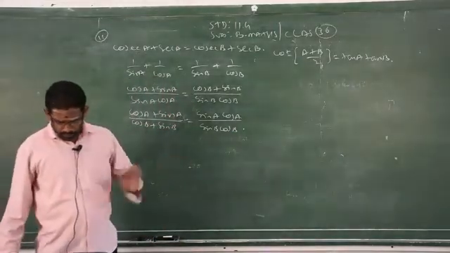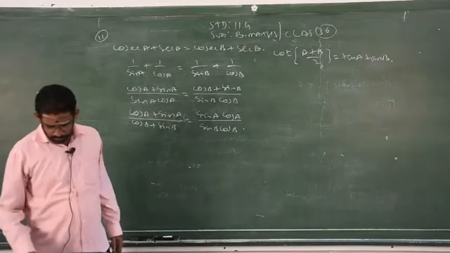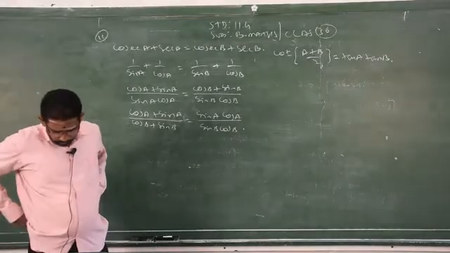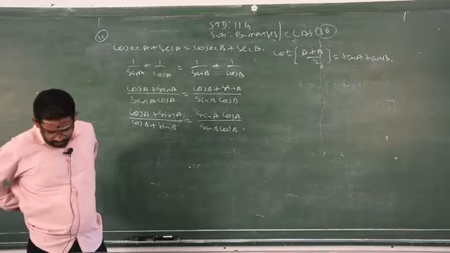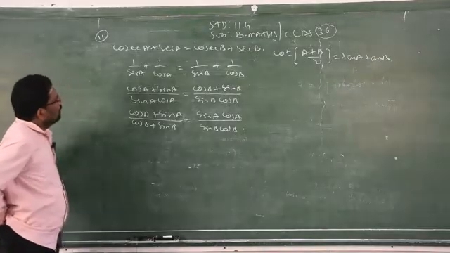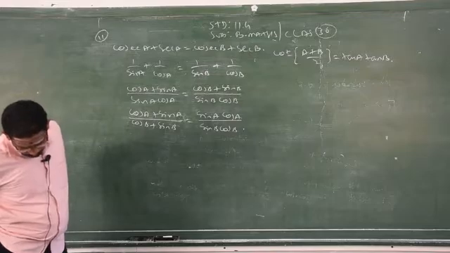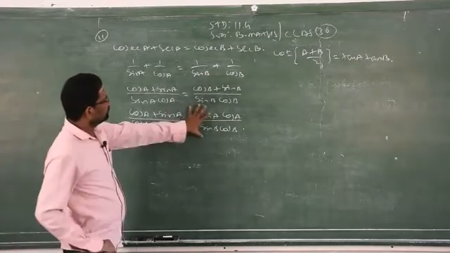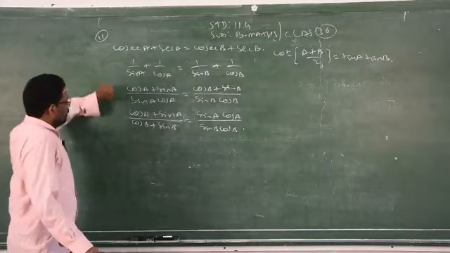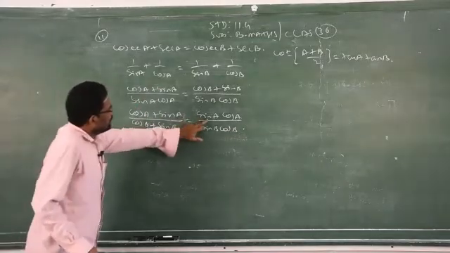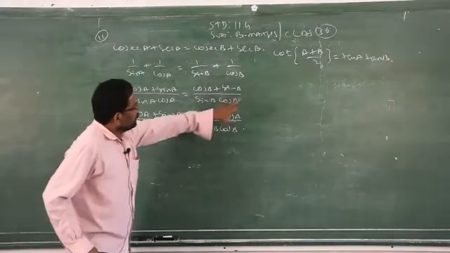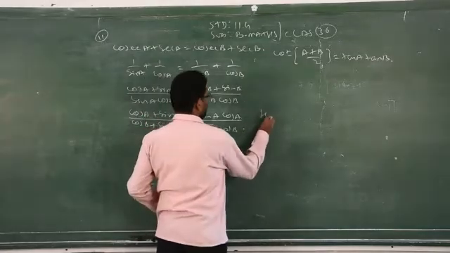Once you transfer the terms in this format, then you will get the required answer. So if you proceed, to get tan A, what is the formula for tan A?